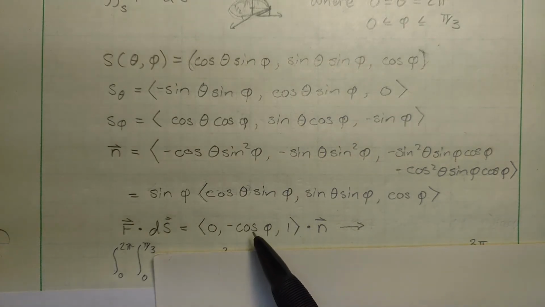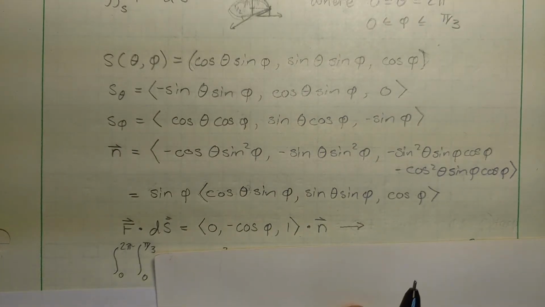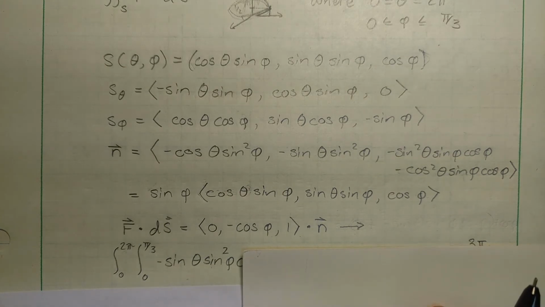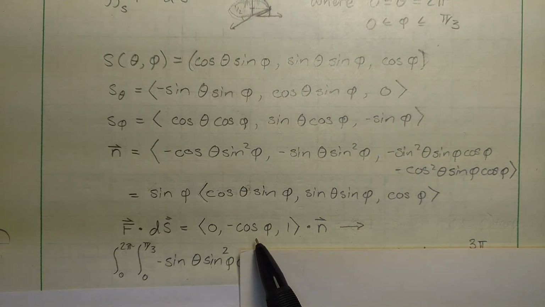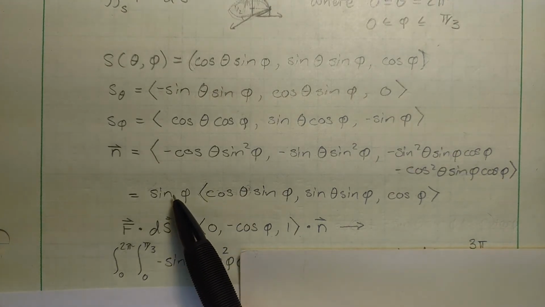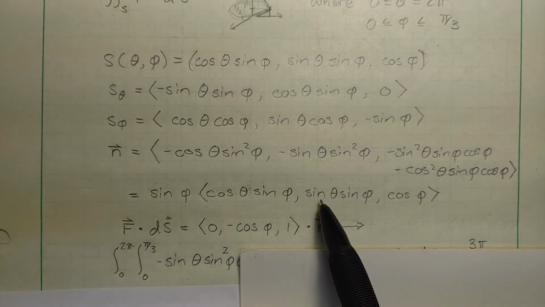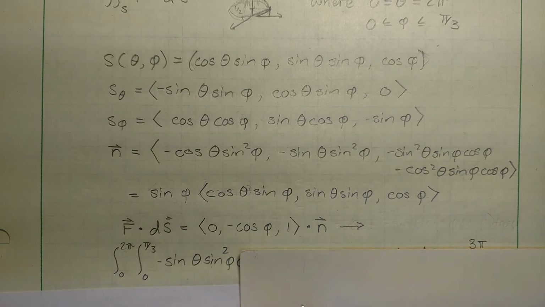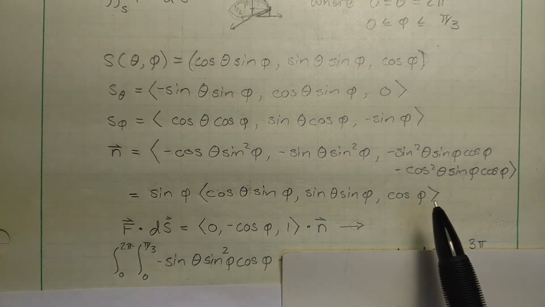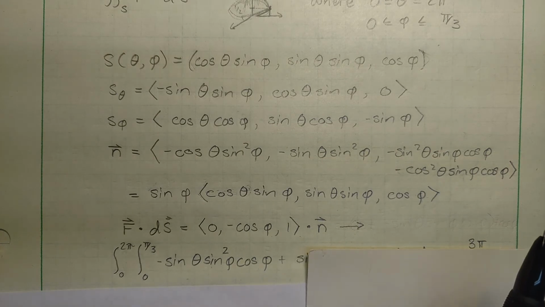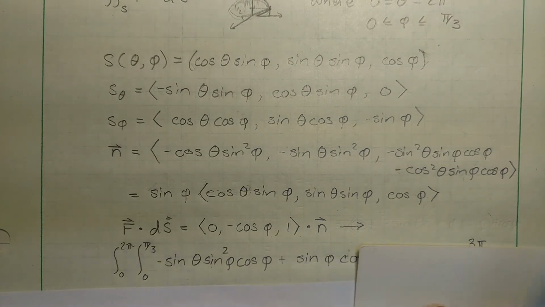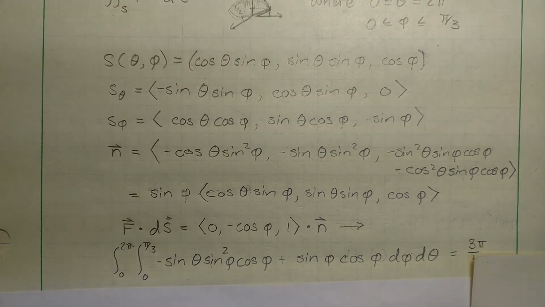Then I've got negative, and this becomes sine theta. I do have to be careful here with my normal; I have to remember that I distribute this sine phi in. So this is sine theta sine squared phi times negative cosine phi, so that's a negative. There's my sine theta sine squared phi cosine phi. And then this is sine phi cosine phi. And if I multiply by 1, I get that. Integrate.